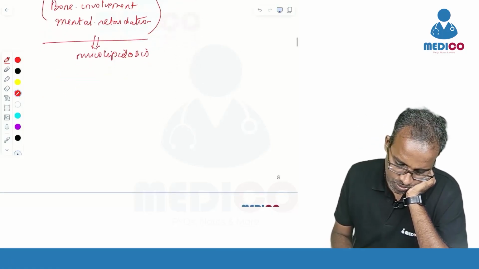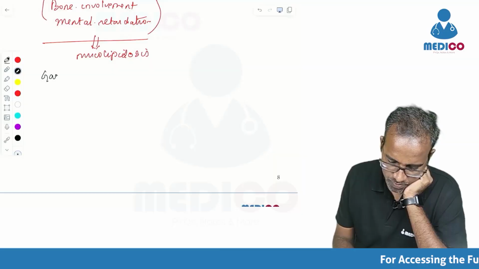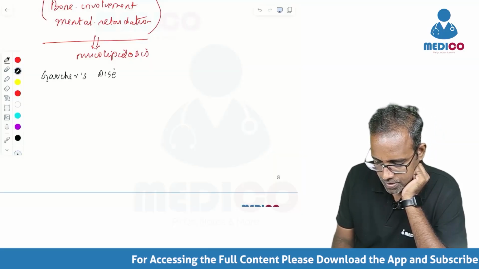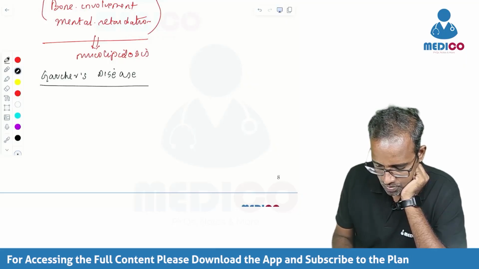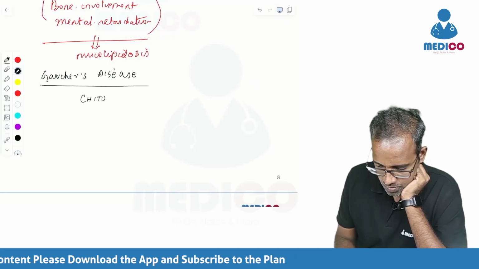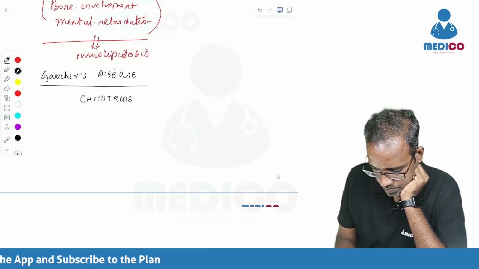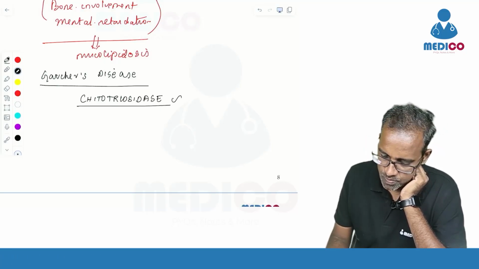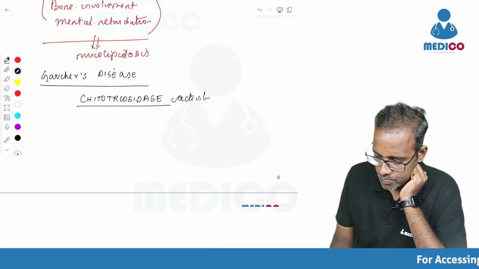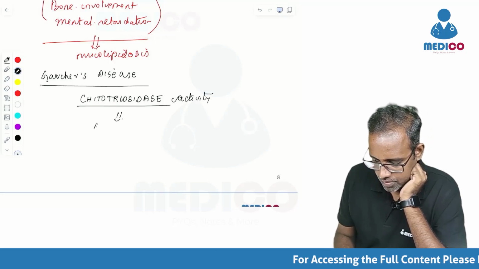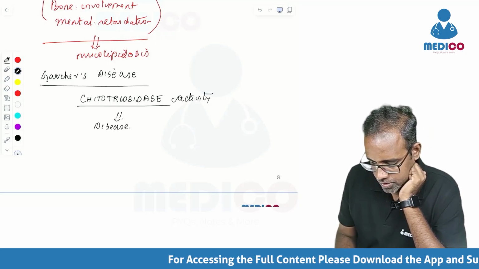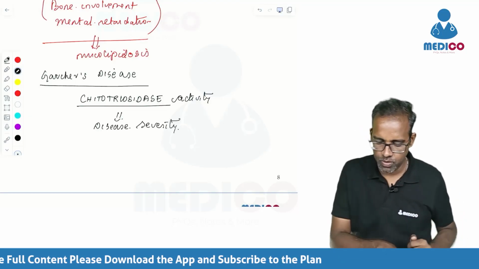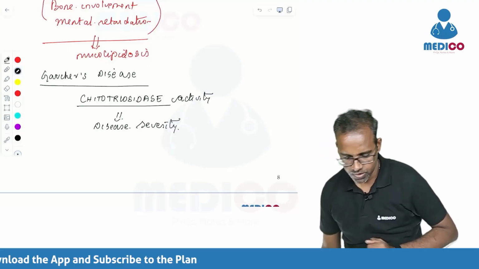One additional point about Gaucher's disease: to know the disease severity, we can estimate an enzyme called chitotriosidase. Chitotriosidase activity is measured to know about the disease severity, especially in Gaucher's disease. So that's about Gaucher's disease.